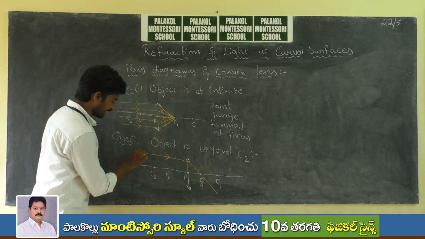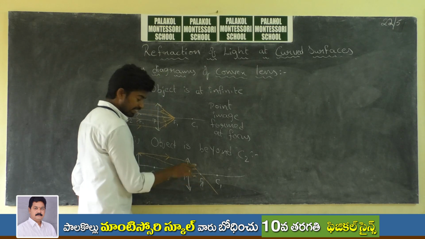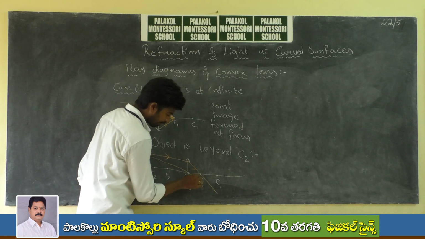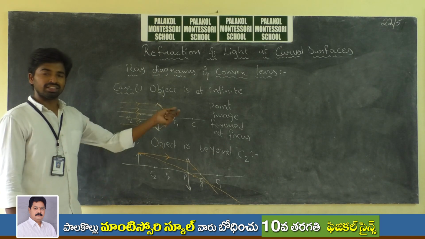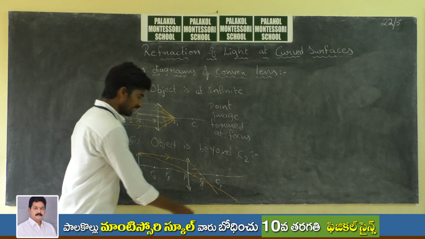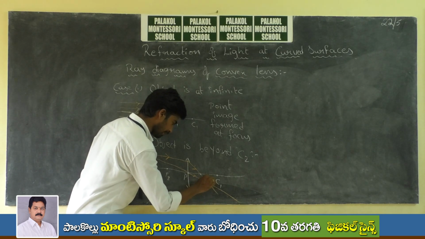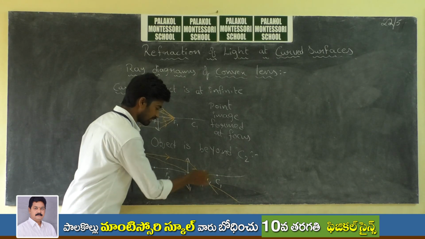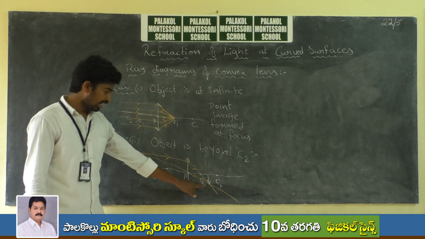And consider another light ray passing through the pole, and extend these refracted light rays until they intersect. This was already drawn while we were discussing the rules. So from the intersection point, draw a line normal to the principal axis, and this line represents the image of the object. So this is the image.